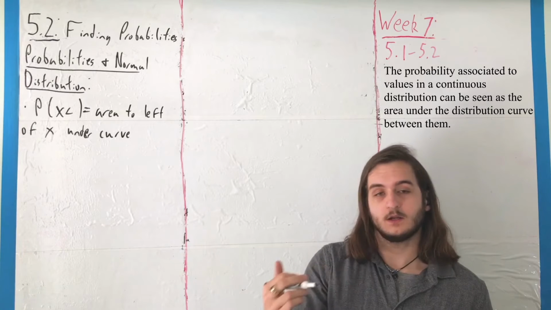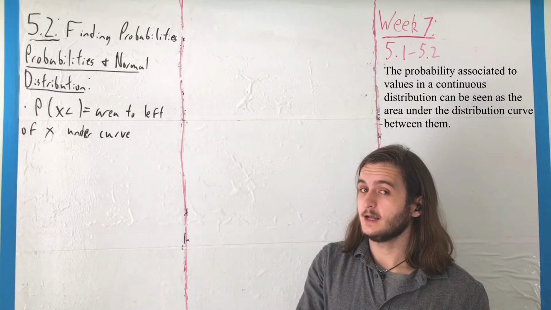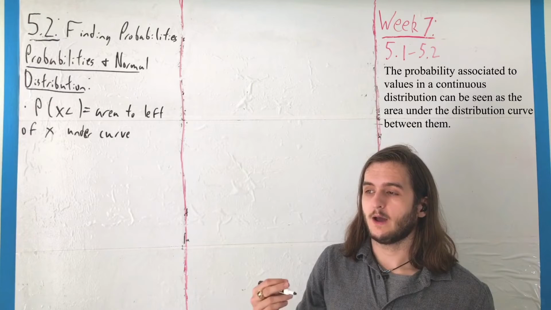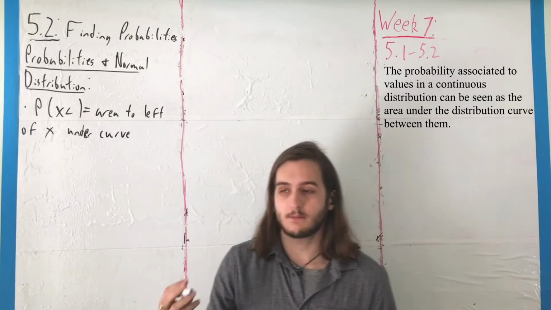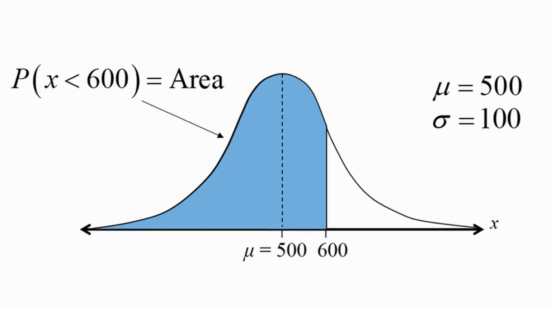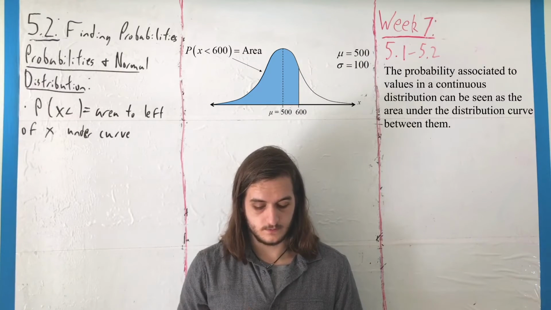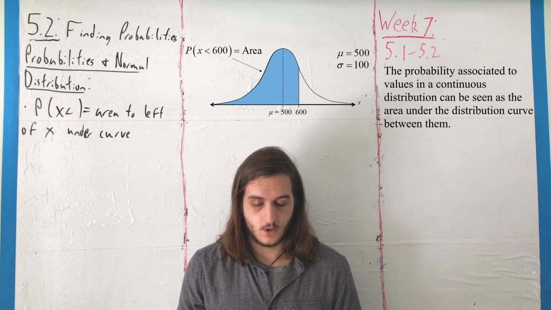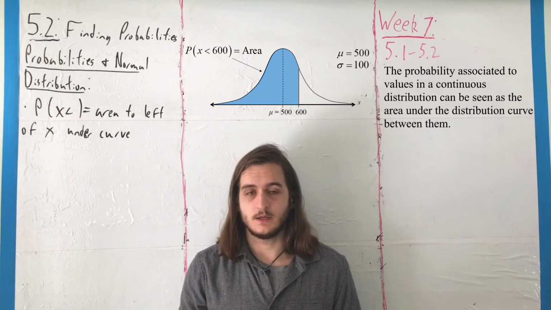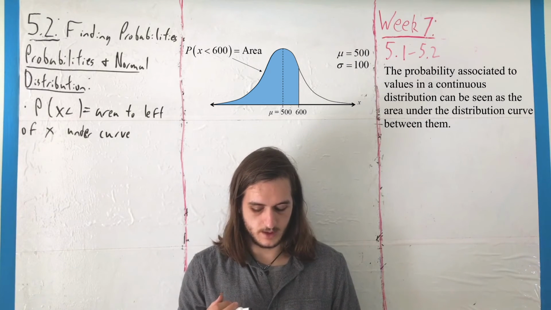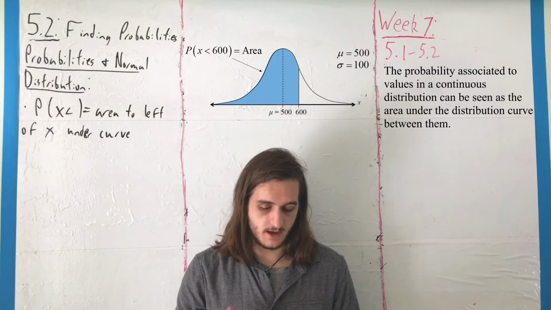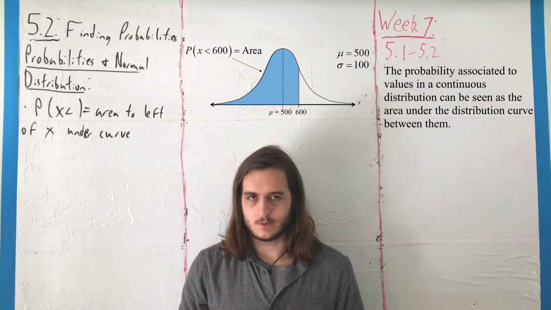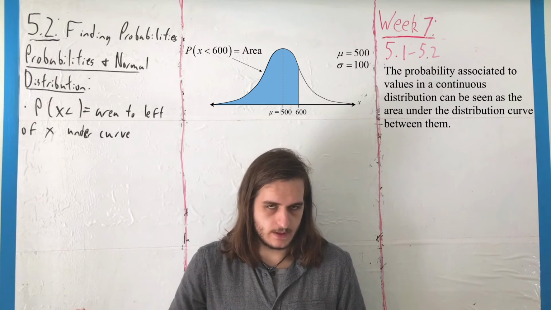So even if you don't perfectly understand exactly what's going on there, it is important that you have the picture in your mind and that you understand that when we're looking at something like this, when we're finding that area below x equals 600, what we're finding is the probability of getting a value below 600 for that normally distributed thing with mean mu is 500 and sigma is 100 of some units.